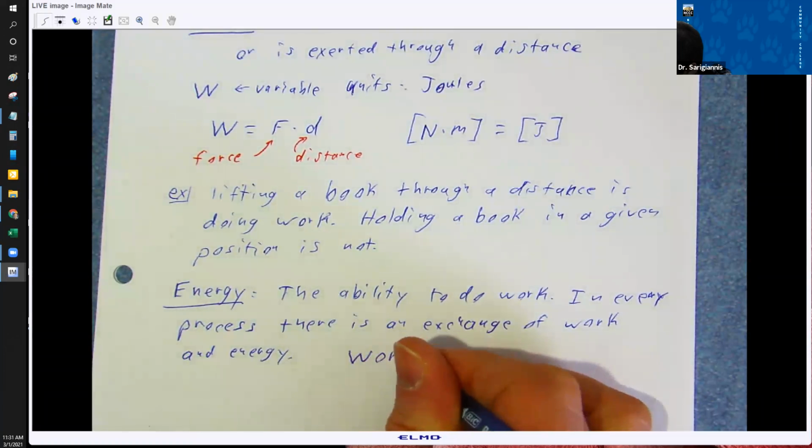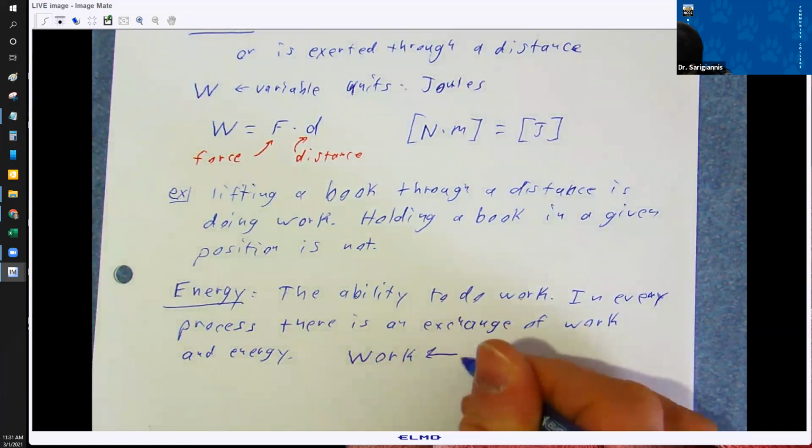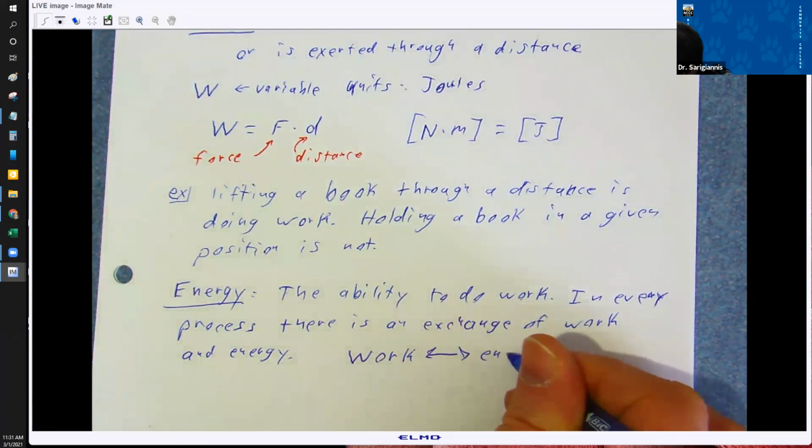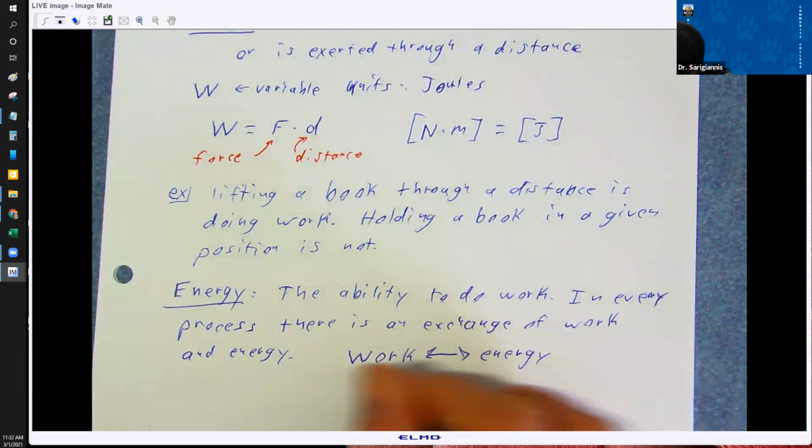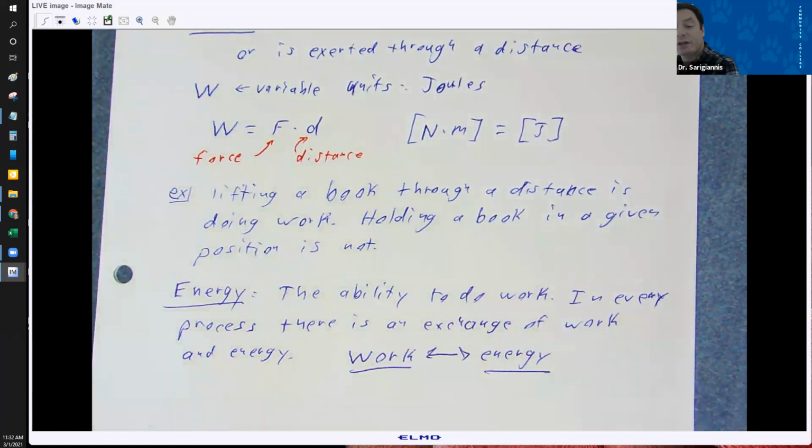Let me write this as work and energy. Work can be stored as energy, and then stored energy can be used to do work.